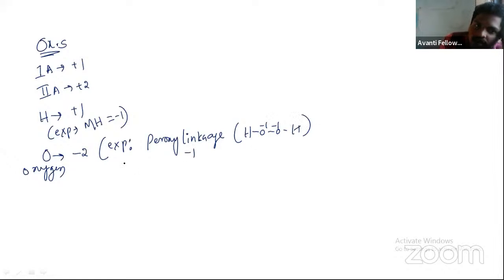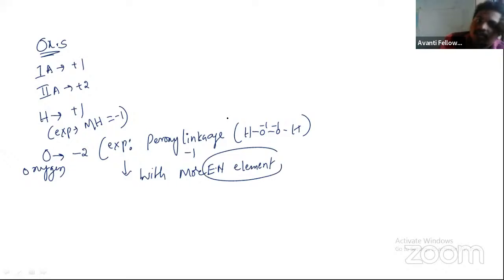And next one, with more electronegative element. Okay, sir, pehle what is electronegative elements? Like if you see across the period, from carbon, nitrogen, oxygen, chlorine, bromine, and iodine.